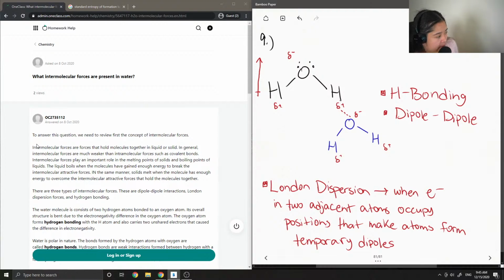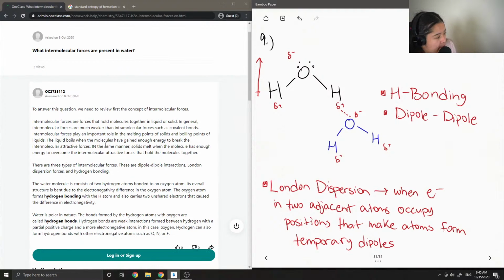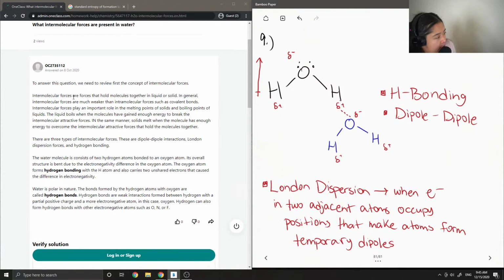And the junior tutor said, to answer this question, we need to review first the concept of intermolecular forces. Intermolecular forces are forces that hold molecules together in liquid or solid. In general, intermolecular forces are much weaker than intramolecular forces such as covalent bonds. Intermolecular forces play an important role in the melting points of solids and boiling points of liquids.